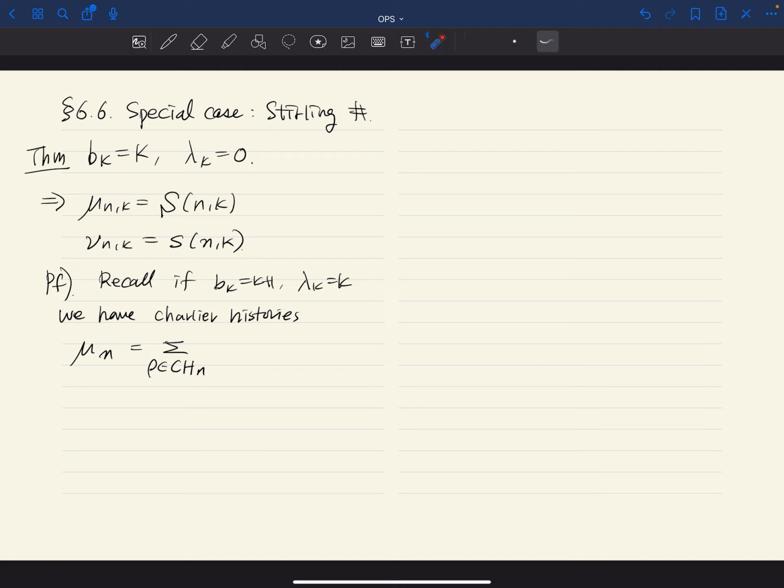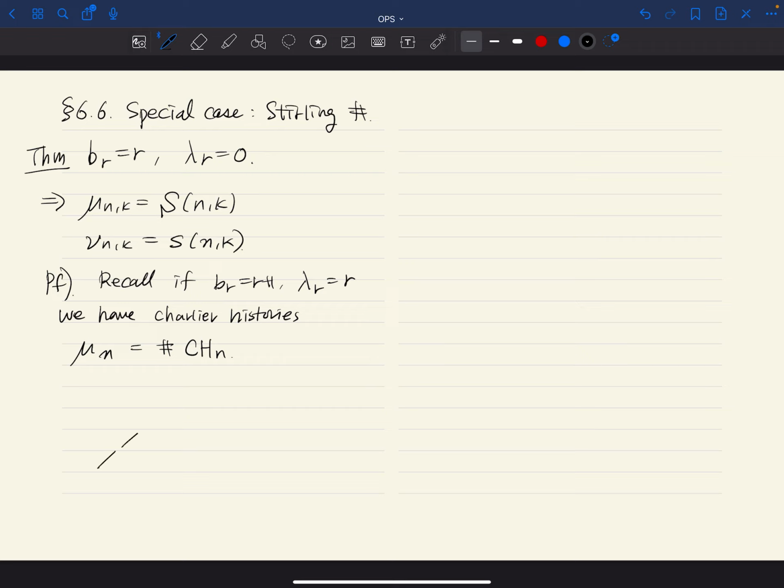By the way, the notation is not very good. I'm using k everywhere. Let's say r. And if this is r, this is r. This is basically just the number of Charlier histories. Remember Charlier history?